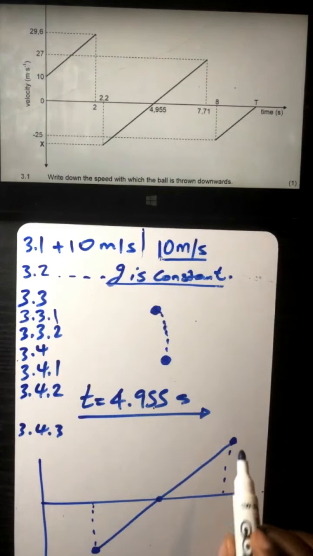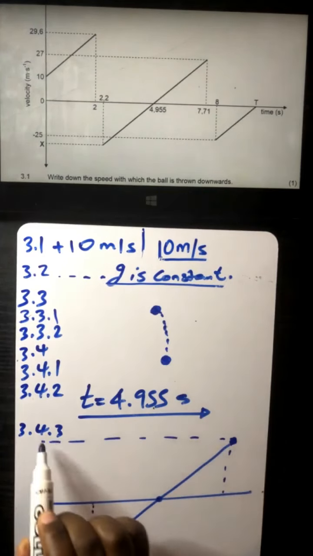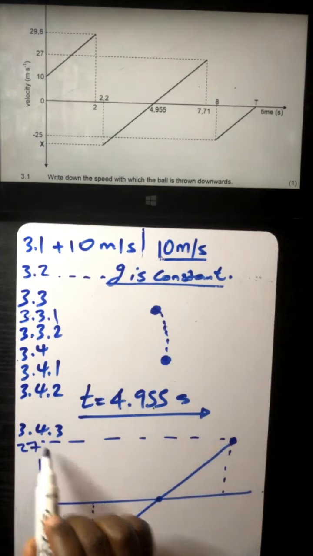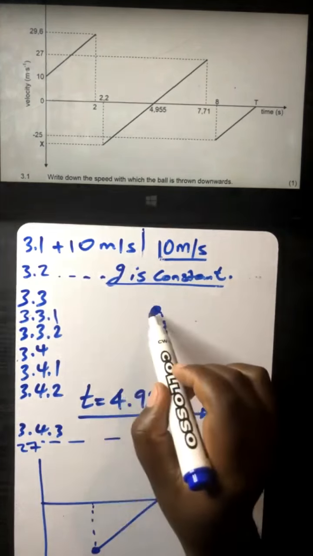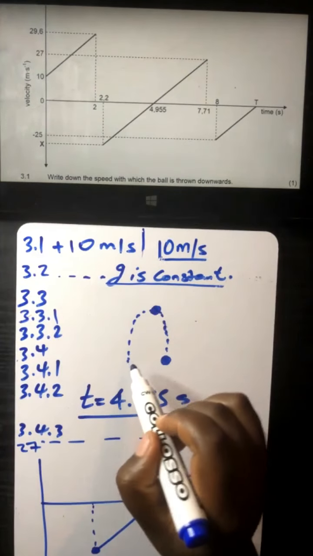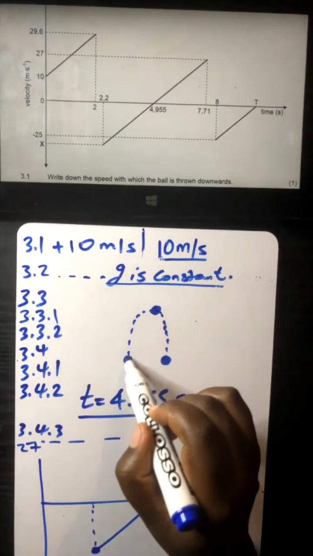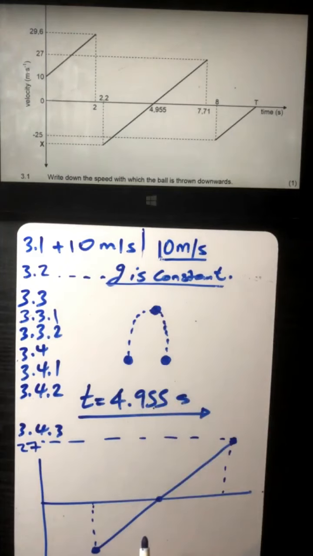And we know the velocity there is positive 27, which makes that velocity also the same.